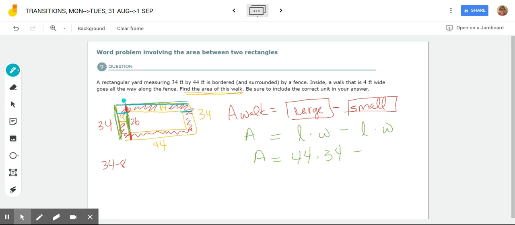So this side means, instead of walking along this whole way, we don't have to walk 4 here and we don't have to walk 4 here in this small. Okay, so that's going to be 44 minus 8, which is 36. And this was 26, yeah? So now we're going to go 26 times 36, and then you continue to the end to solve that problem. Now it's easy.